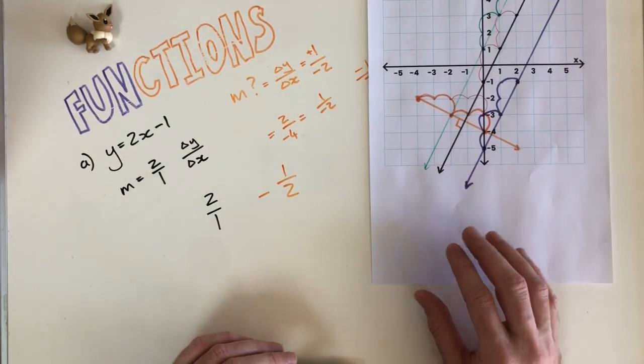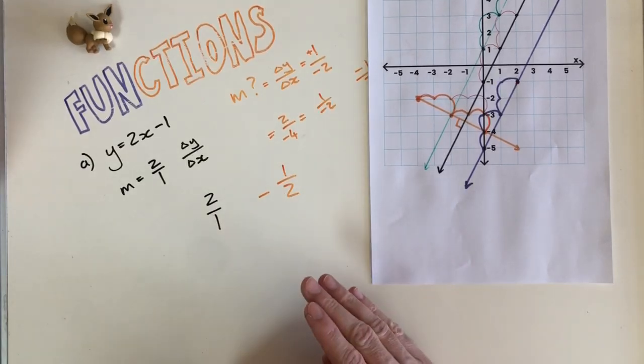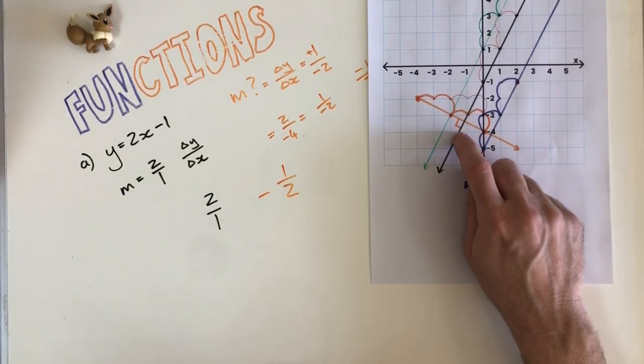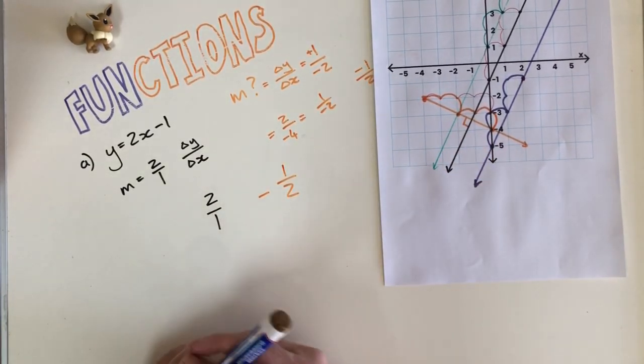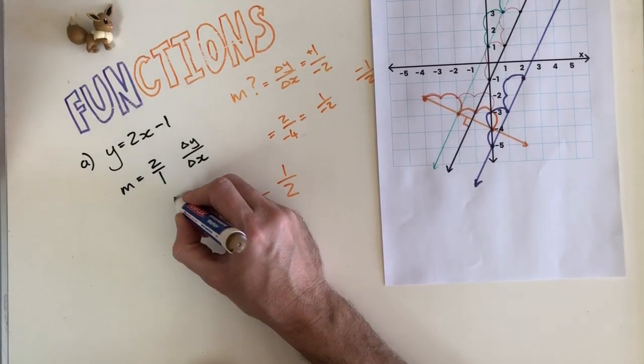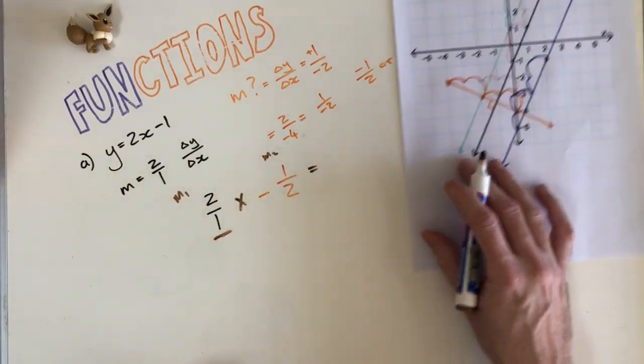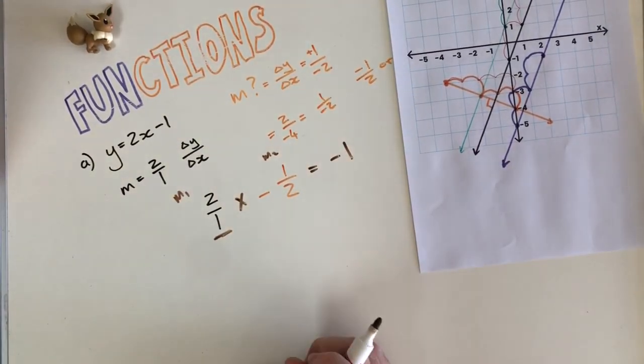But what I want you to realize in today's video is just when we have two lines that are perpendicular, or cross each other perpendicular or at a 90-degree angle, the product of their gradients, because this is the gradient for the one and this was the gradient for the other one, the product of the gradients will always be -1.